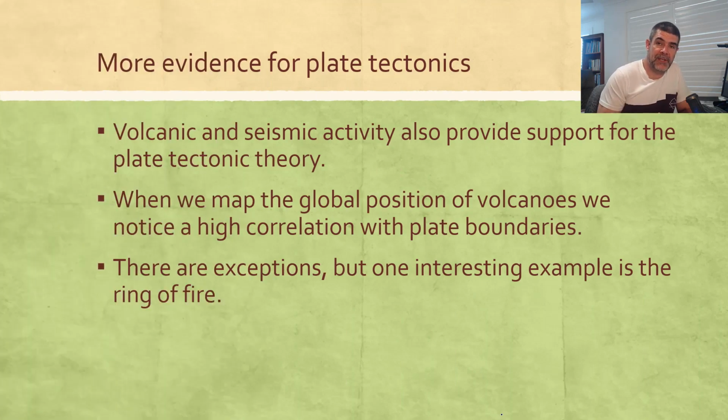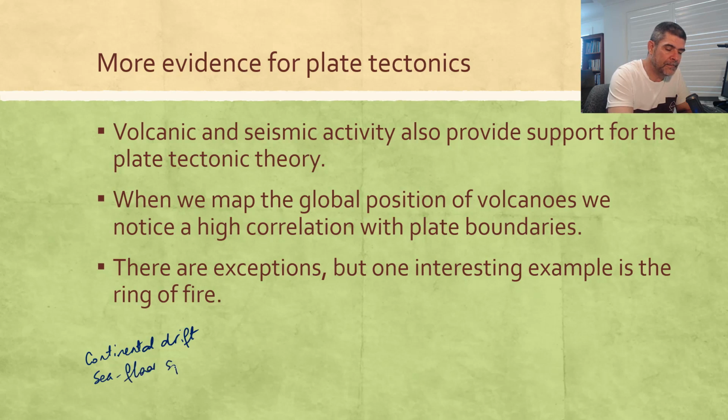So we've looked up to this point at a number of different areas of evidence that link that theory of plate tectonics to observation. That is, things like continental drift and seafloor spreading are things which we can use to explain on the basis of our plate tectonics theory.